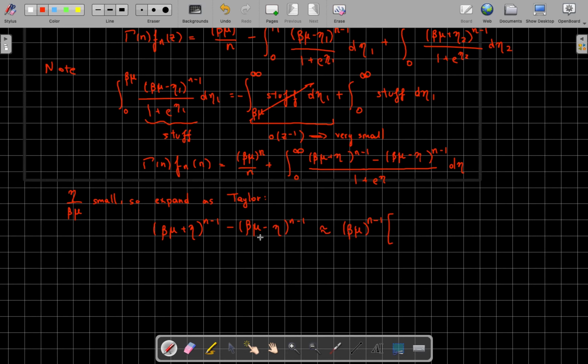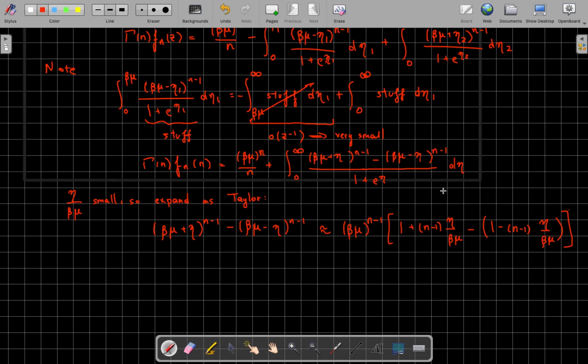This we are bringing out of the parentheses to get this small term here. This becomes 1 plus n minus 1 eta over beta mu minus 1 minus n minus 1 eta over beta mu. Okay?